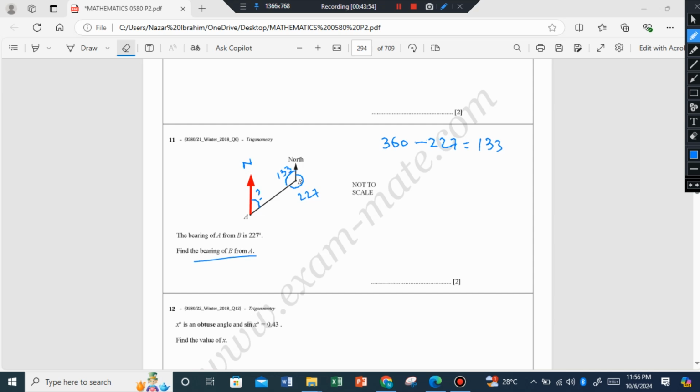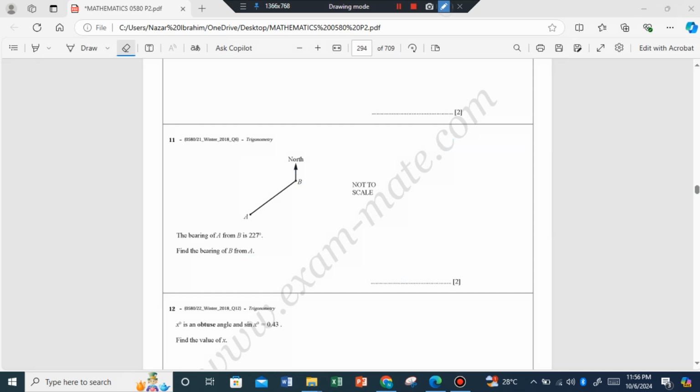Now I know that these are two parallel lines and the sum of the angles between two parallel lines is equal to 180. So 180 minus 133 will give me the required bearing of B from A, which is 47. So we will write 047 like this. Okay, let's move further.